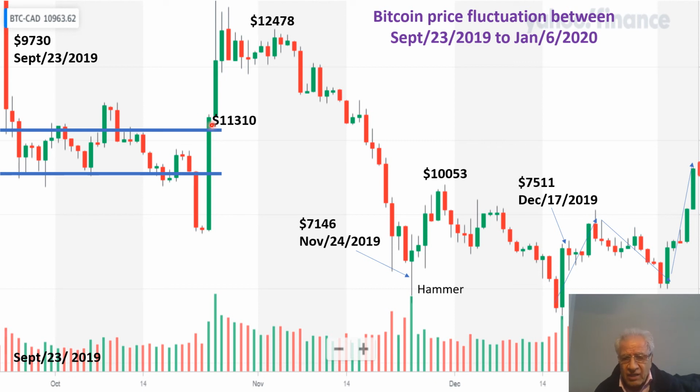So this by itself means that it is a very strong uptrend and you can enter the market right here at 11,310.